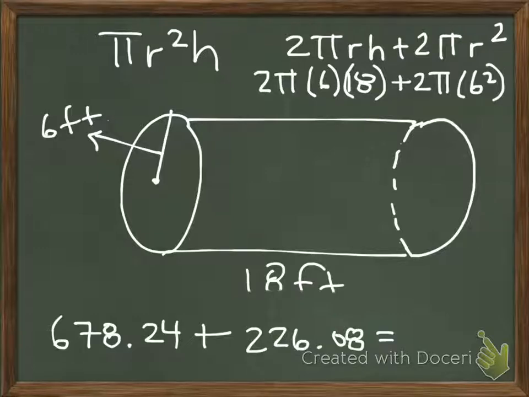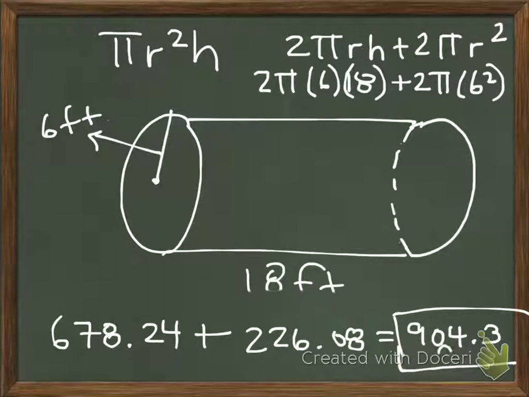If we add that up, we get 904.32, and it says round to the nearest tenth, so 904.3 is what we get, and we label that as feet squared for area.